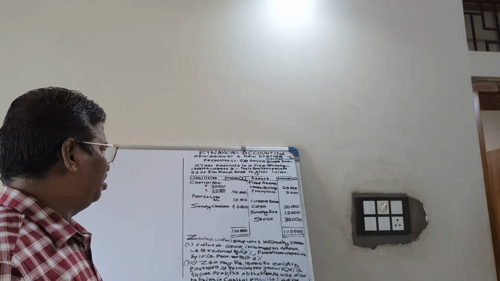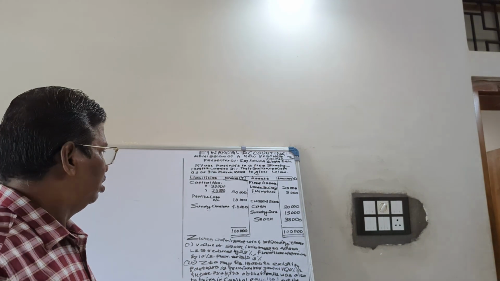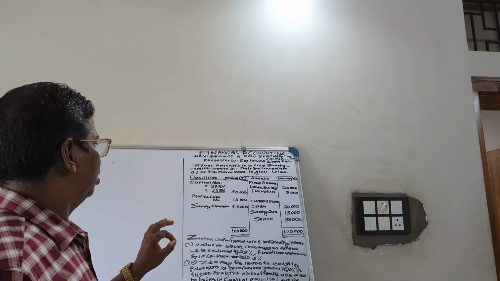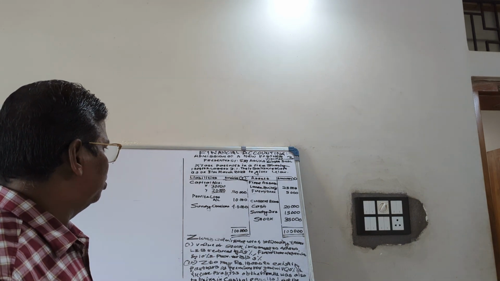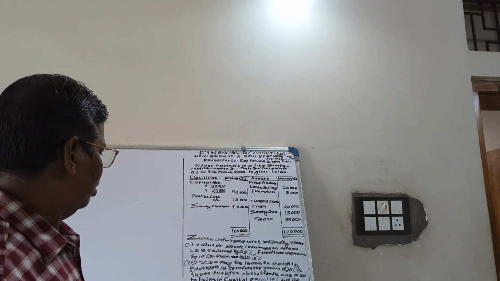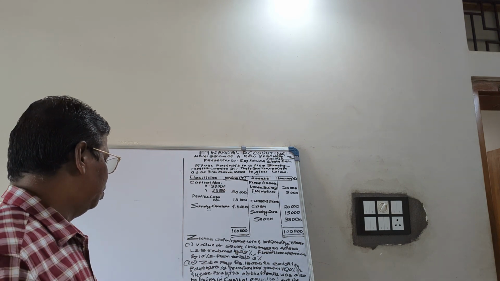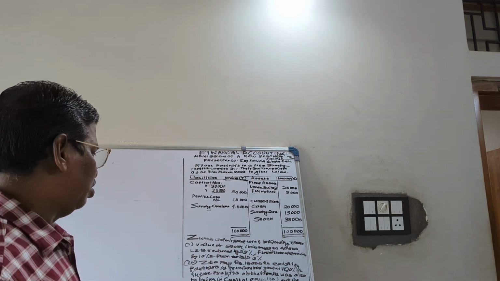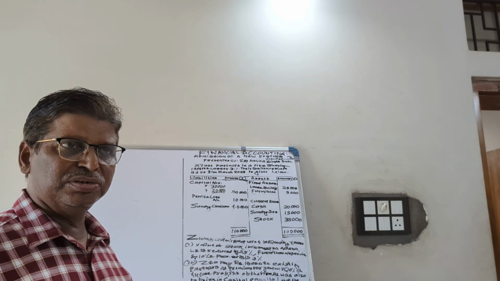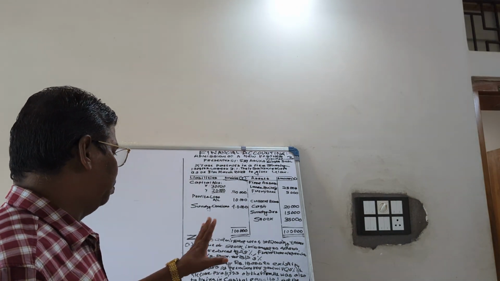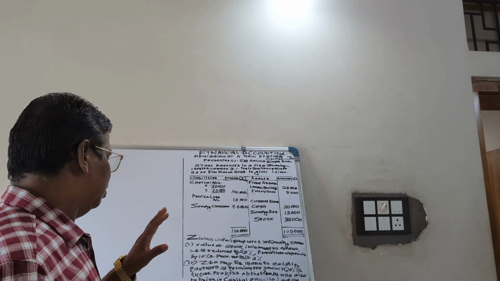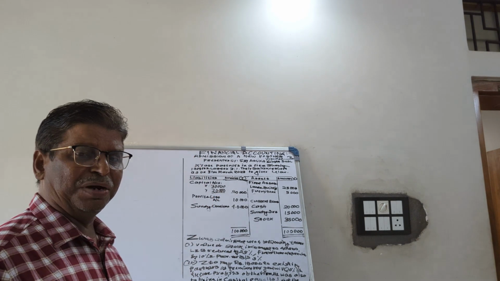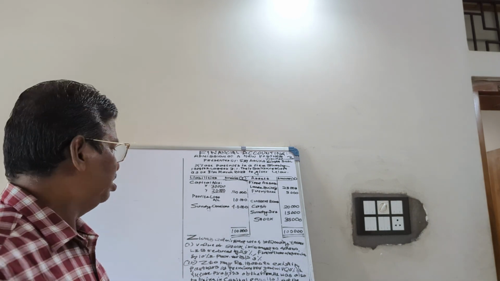Then they will calculate the sacrificing ratio based on their old ratio and the new ratio after admission of a new partner. The new partner has to bring his share of goodwill, that is premium for goodwill, to the business, and that amount will be distributed by the old partners in their sacrificing ratio.